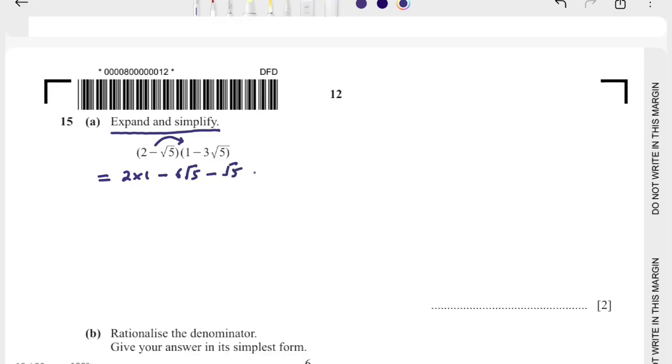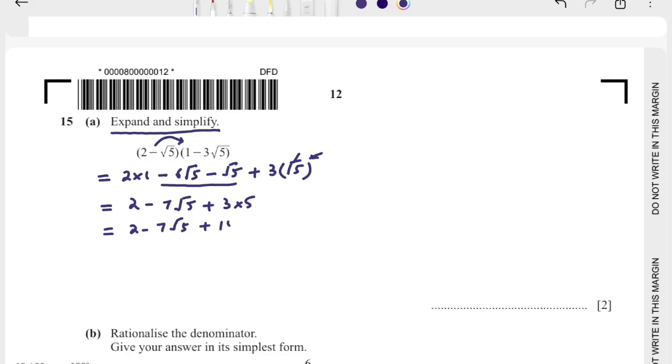And minus minus plus 3 under root 5 whole squared. So 2 minus 6 under root 5 and minus under root 5 is minus 7 under root 5, plus 3 times the square will cancel with the root, it would be 5. 2 minus 7 under root 5 plus 5 threes are 15.